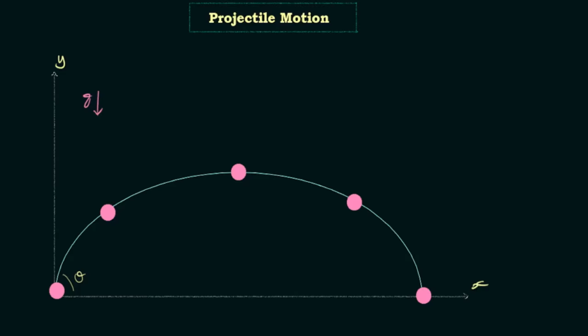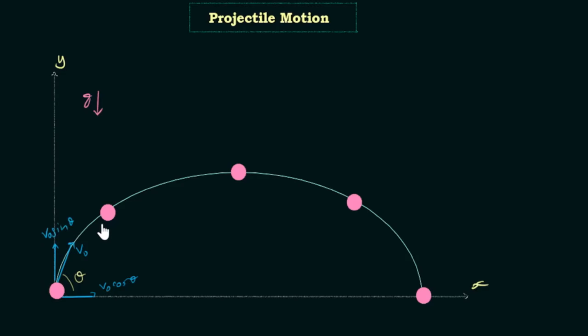The initial velocity of the object is taken to be in this direction, v naught. Two components of this velocity will be v naught cos theta, in this direction, and another component of velocity in this direction, which is v naught sin theta.